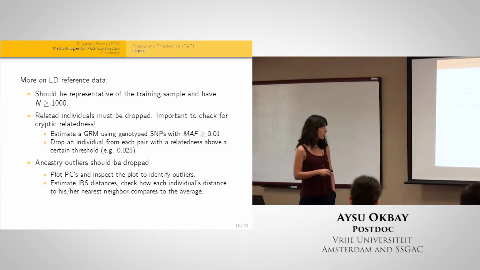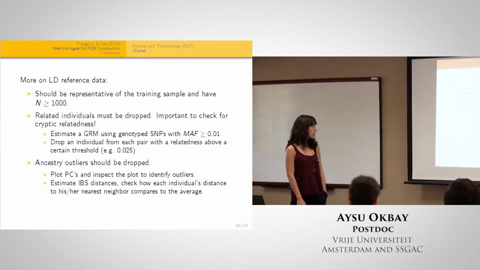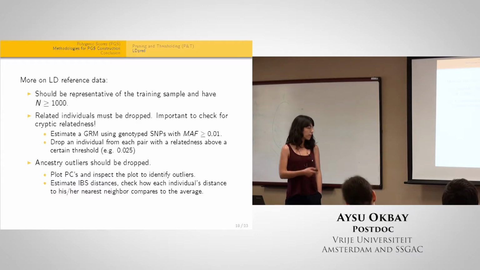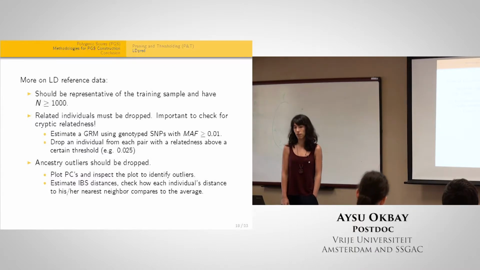And you need to have dropped the related individuals from your LD reference sample, because those are also going to bias the LD estimates. People usually don't do this, and I think that's one of the reasons they say they don't get as good results from LD Pareto as is claimed. So I think this is an important step. How you do that is you estimate a genetic relatedness matrix using genotype SNPs.